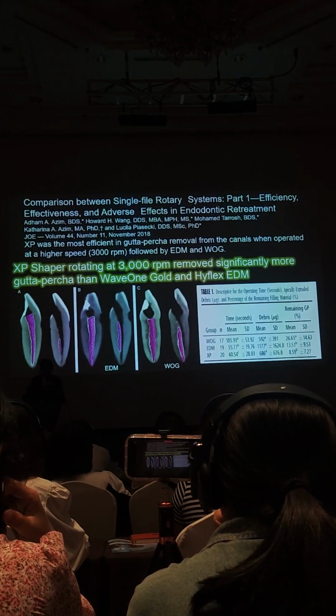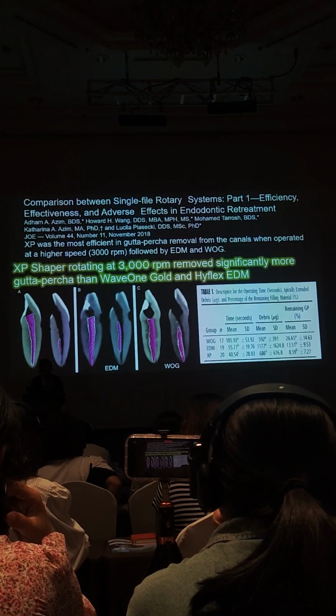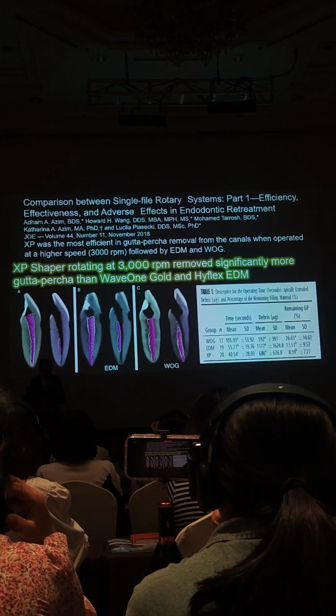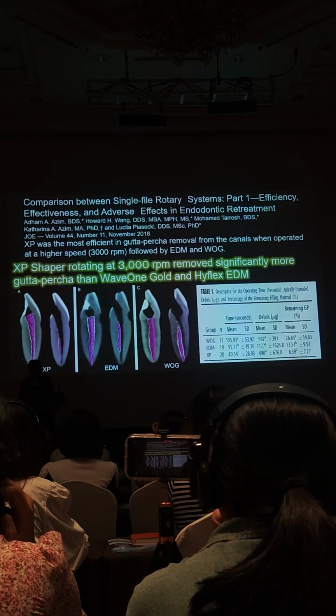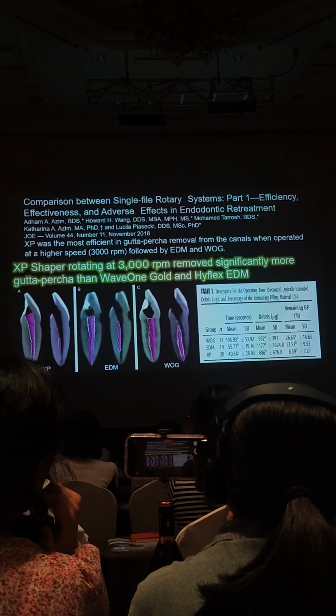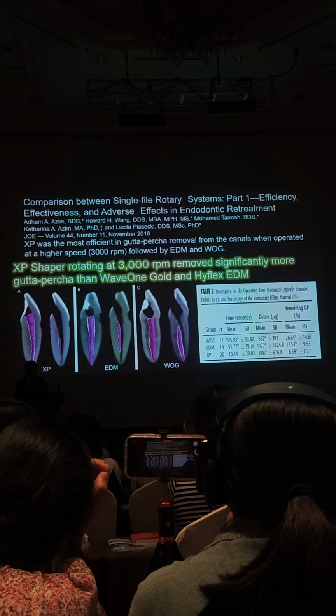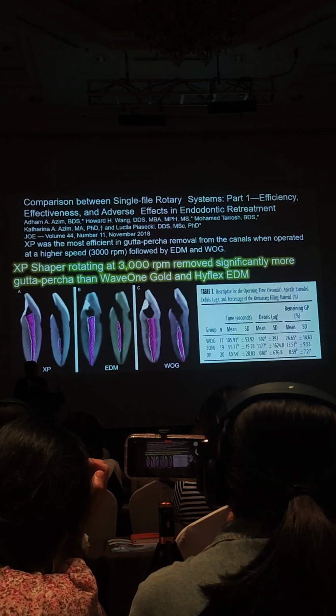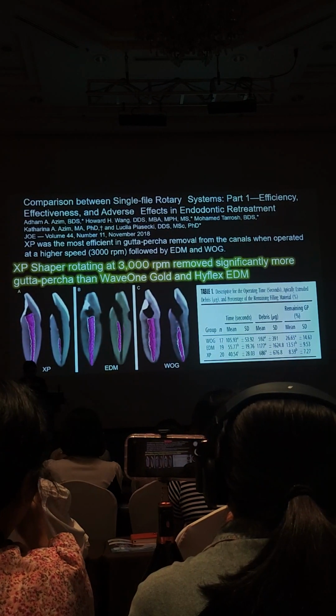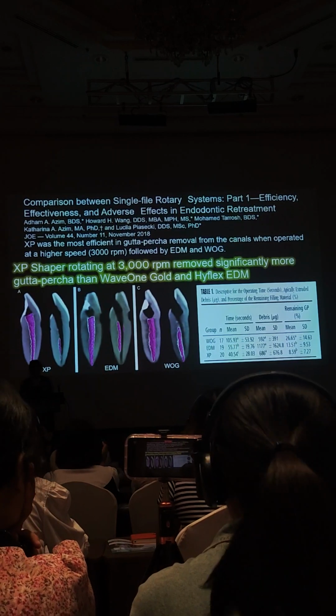So, a comparison between single instrument rotation systems. The XP Endo Shaper rotating at 3000 RPM removed significantly more gutta-percha fillings than WaveOne Gold or HyFlex EDM rotating at 300 RPM.